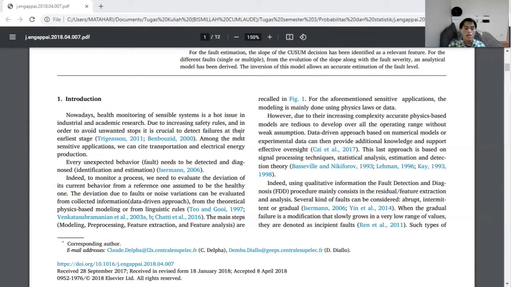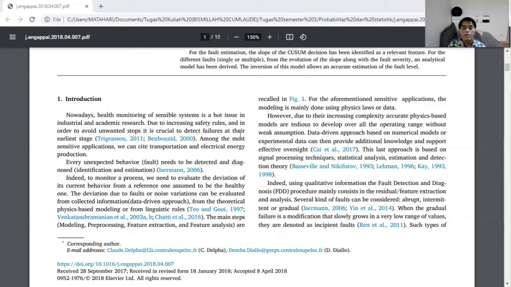The deviation due to faults or noise variation can be evaluated from collected information: data-driven approach, theoretical physics-based modeling, or linguistic tools. The main steps, modeling, processing, feature extraction, and feature analysis, are recalled in Fig 1.